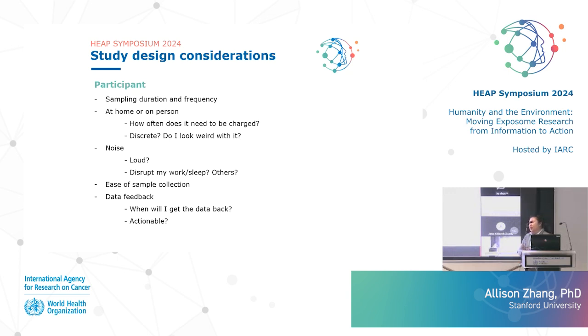If it has to be worn all the time, how often does it need to be charged? Does it look discreet? Can I just put it in my purse and carry it all day? Or do I have to put it in a visible position? What about others? Will they think I'm weird if I'm carrying this exposometer with me? Do they think I'm seriously sick?